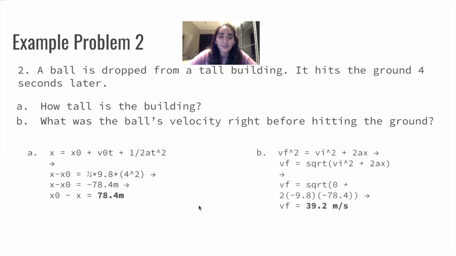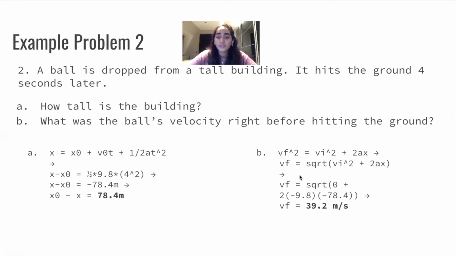For the second one, we're going to be talking about the velocity right before it hits the ground. So we're going to be using this equation: the final velocity squared equals the initial velocity squared plus 2ax. We're solving for, of course, the final velocity.